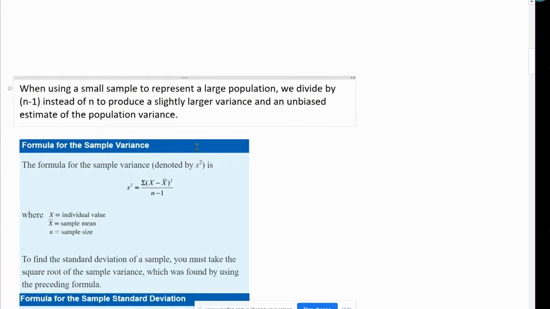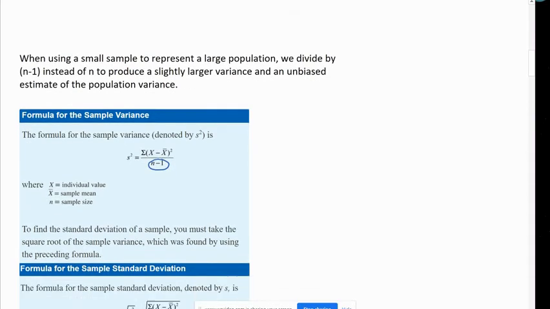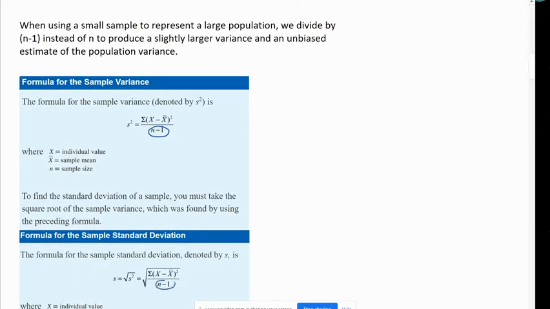The formula looks identical to what we just used for variance and standard deviation, except we're dividing by n-1 instead of n. The purpose of doing that is it gives us a slightly larger variance, which gives us an unbiased estimate of what the population variance really is.